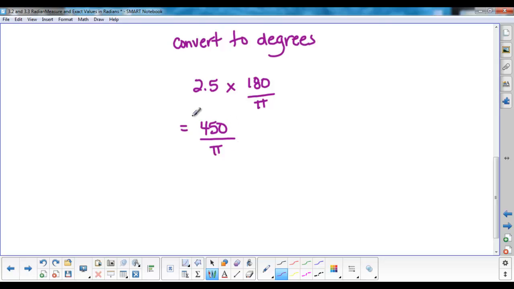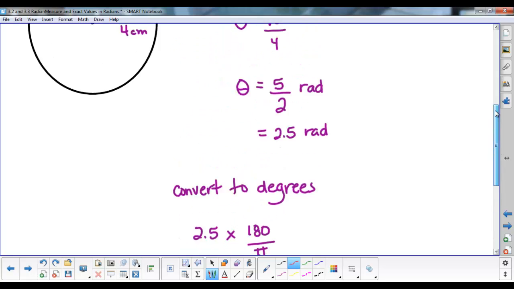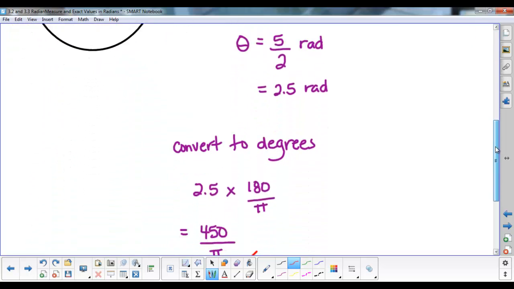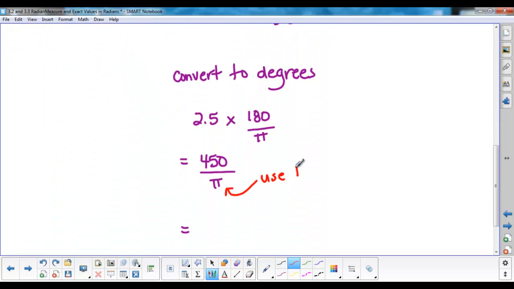Now, in general, in degrees, we don't have 450 over pi degrees. So what we want to do at this point is round to the nearest hundredth. Use your pi button on your calculator and do 450 divided by pi, and what you should end up with is 143.24 degrees.